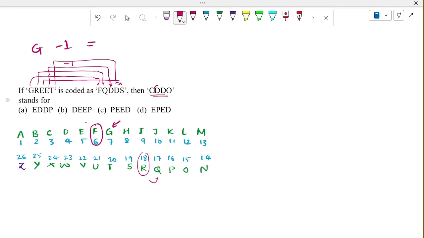You can see D, they observe this part. They are saying CDDO stands for, meaning you need to write the reverse of this one. It is minus 1. You need to find the plus 1 of this one. Okay.